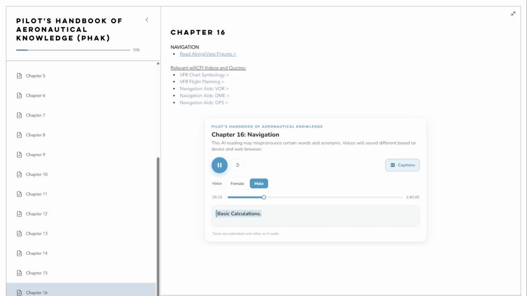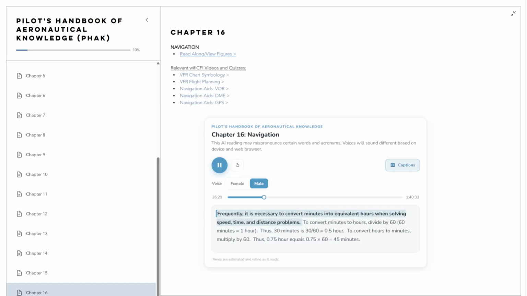Basic calculations. Before a cross-country flight, a pilot should make common calculations for time, speed, and distance, and the amount of fuel required. Converting minutes to equivalent hours. Frequently, it is necessary to convert minutes into equivalent hours when solving speed, time, and distance problems.